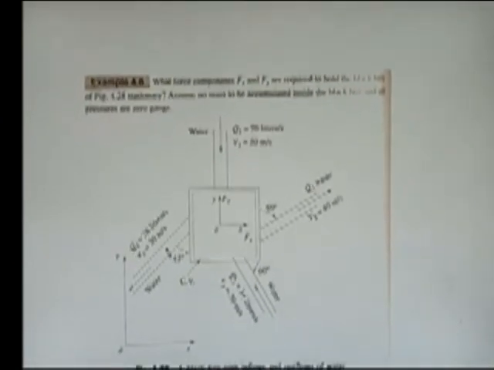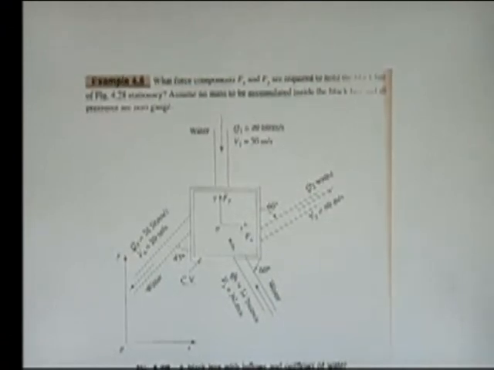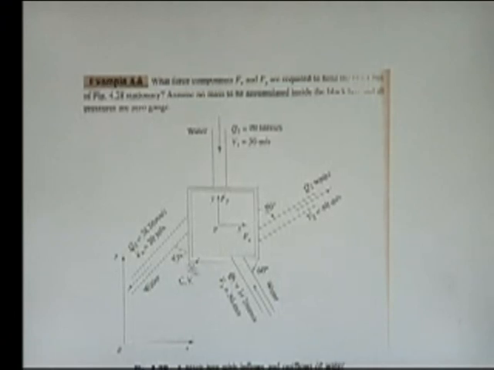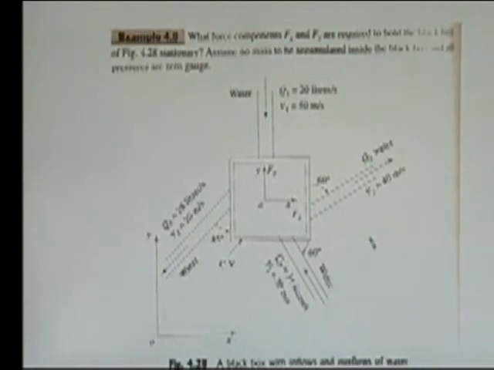Through these 4 pipes fluid is coming in, going out, right. In this question we are asked to find out the force in x direction and y direction that needs to be applied on this container to keep it in static equilibrium condition, right.